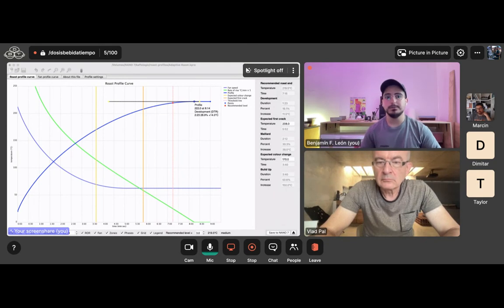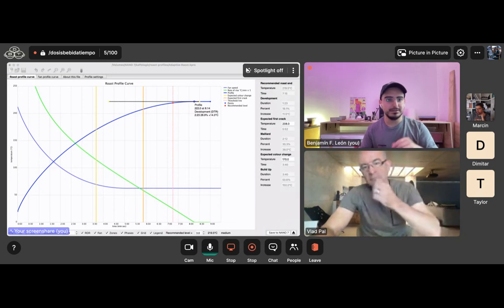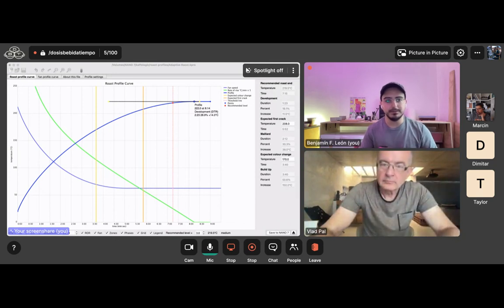I had other roasters, not colleagues who work with me, cup these without knowing what they were. At the same development time, temperature and general roast level, these different batches were pretty much indistinguishable for most people, and most people who found a difference were just guessing.